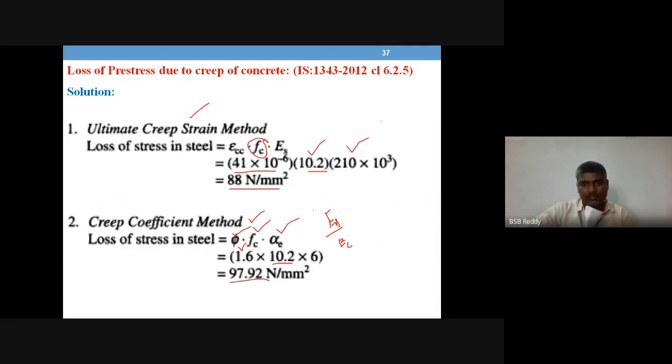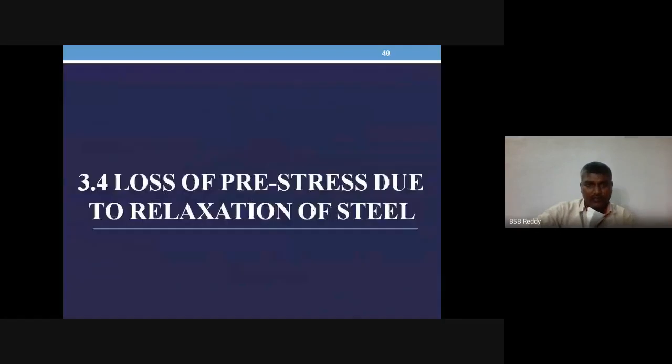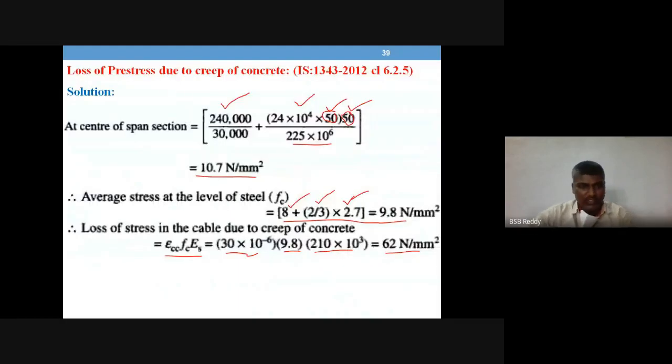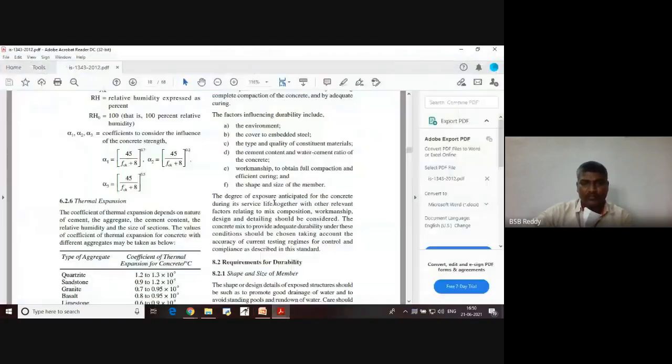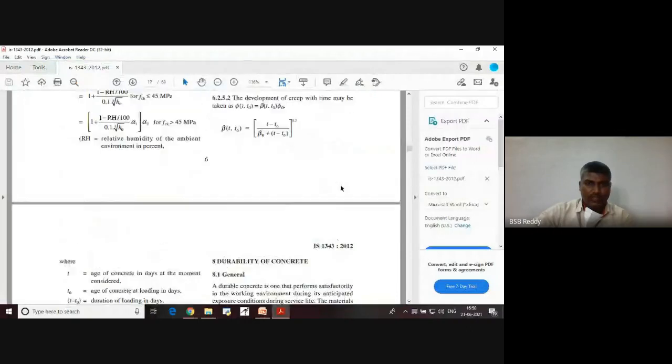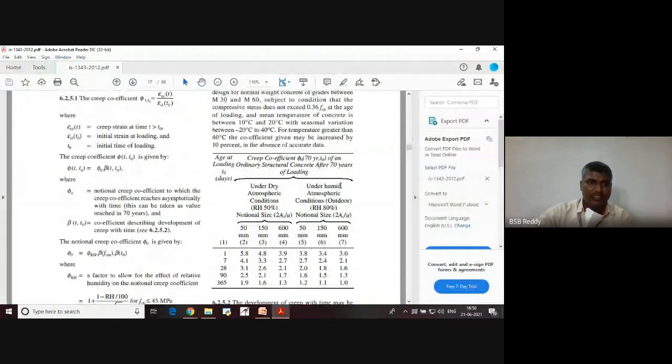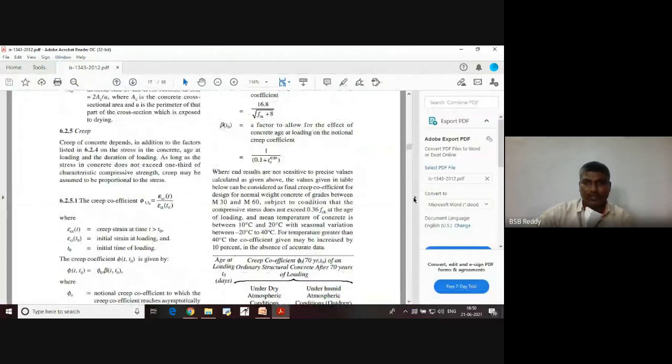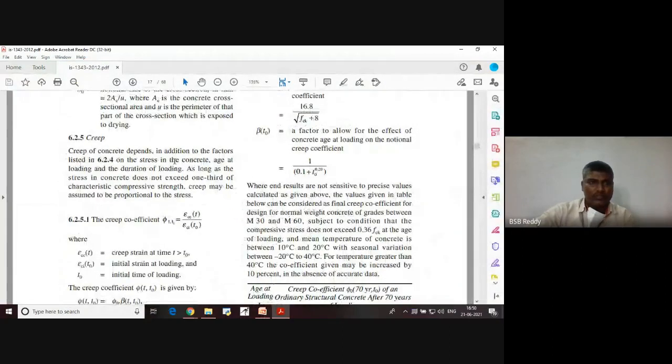Okay. So you can even follow the IS code that I'll show you wherever it is available. So go for 625, open your IS codes. So see 625, how it is being given. Okay. So this is 625. It talks about creep.